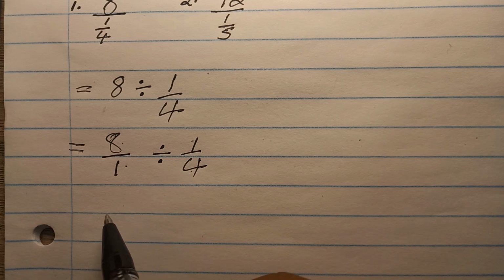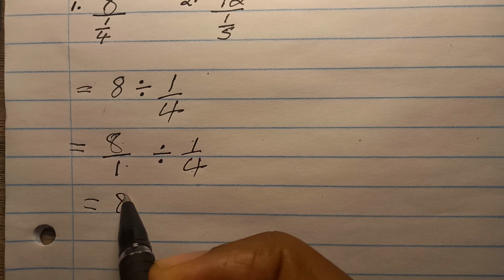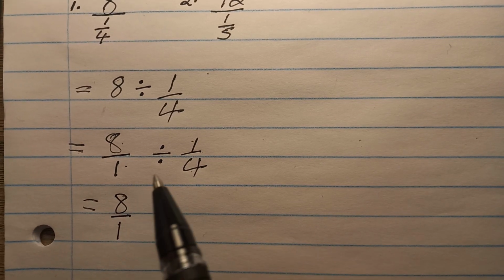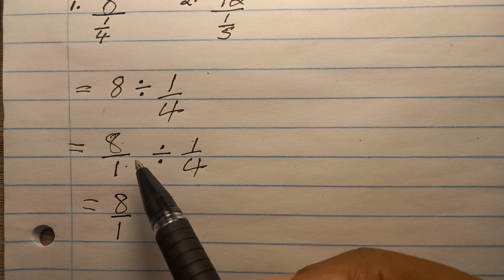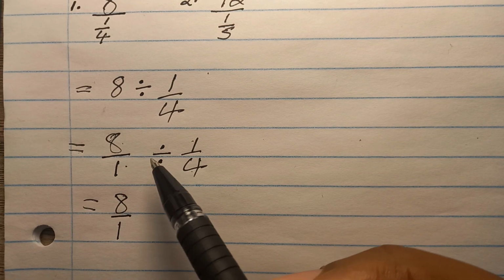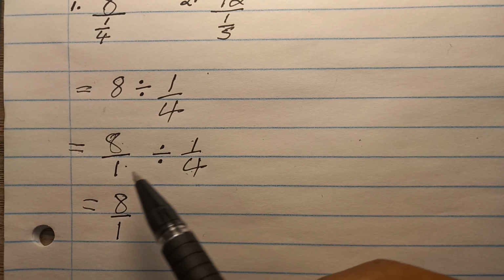We're going to say all this is equal to 8 divided by 1. What we are going to do here is the same as cross multiplying. By cross multiplying, we are replacing the division sign with a multiplication sign. So we cross multiply 8 by 4 and 1 by 1.